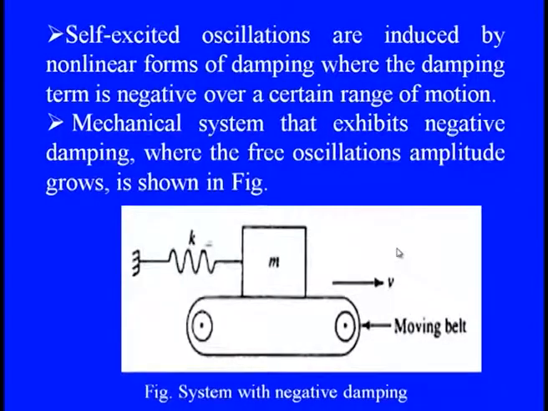And when energy is supplied by one of the important parameters, it makes the system unstable. You can see an example: a moving belt over which we have a mass. Because of the velocity of the moving belt, instead of suppressing the vibration of the mass, the energy is supplied by the damping material of the belt to the mass.